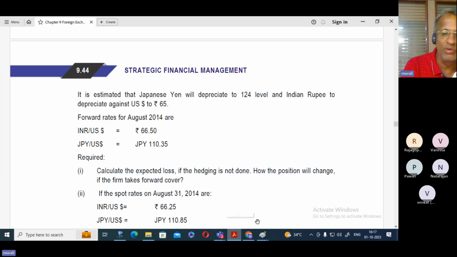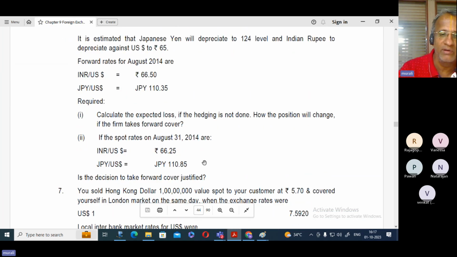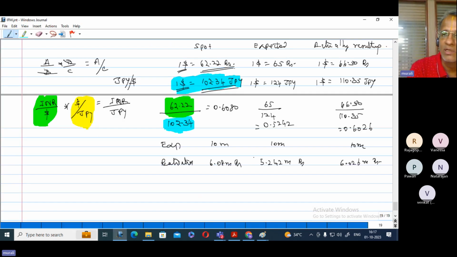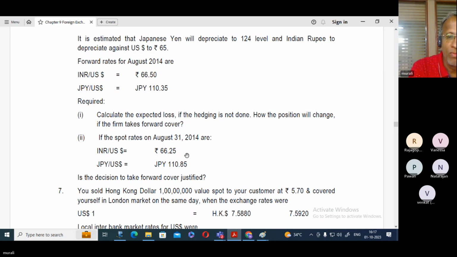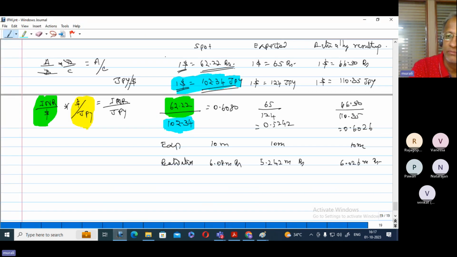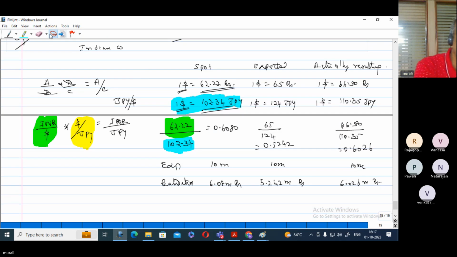Now let us see the solution. And if the spot rate, so here, this is the forward rate. Oh, I have just not taken that. I think I should have taken one more in our scenario.